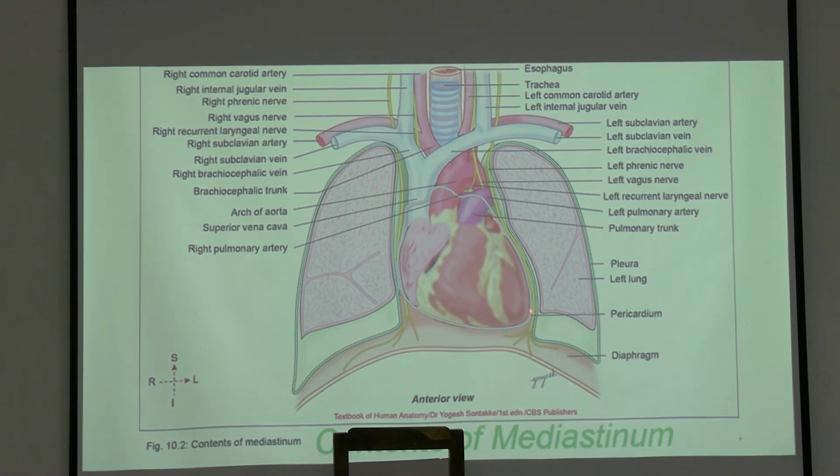Similarly, this is the mediastinal pleura. In between the pericardium and the mediastinal pleura, we can find one nerve is traveling. That is the right phrenic nerve. Similarly, on the left side, we will get the left phrenic nerve.